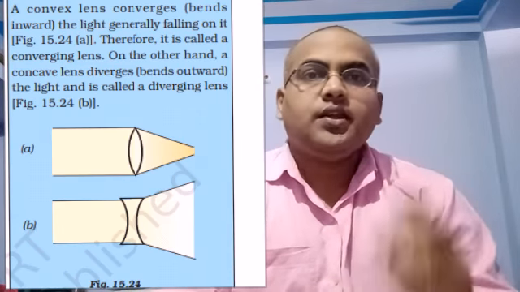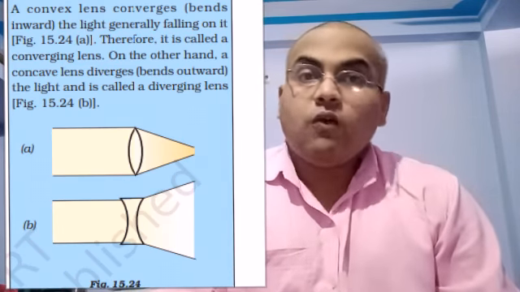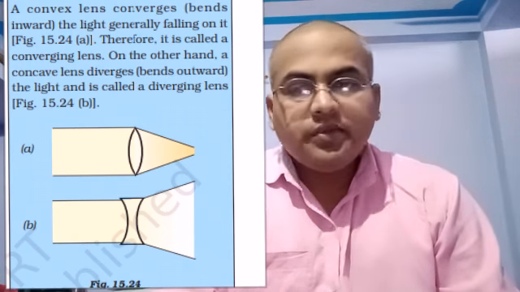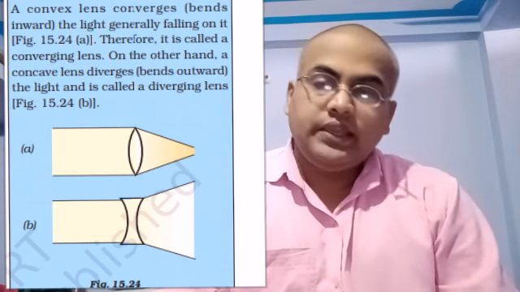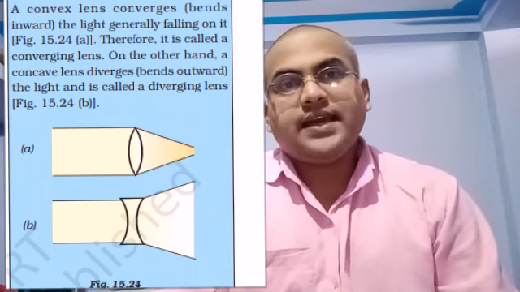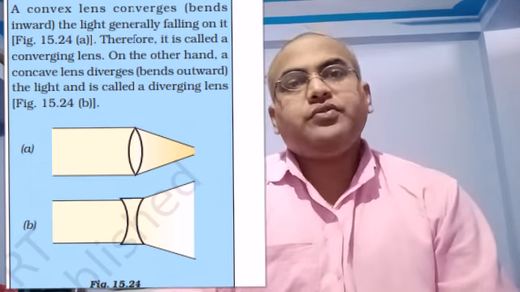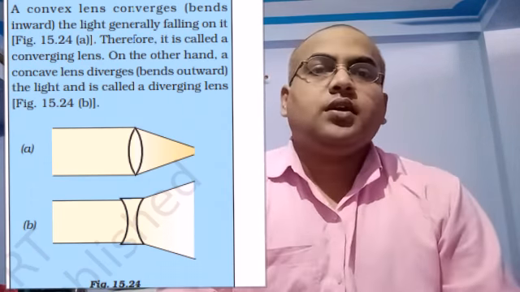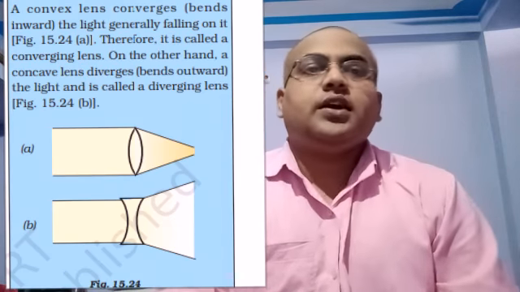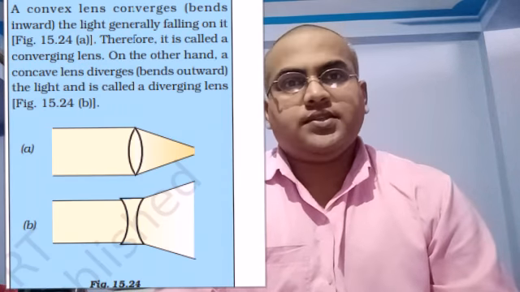Again I am repeating, the concave lens forms an image which is virtual, erect and smaller in size than the object. Now we have to understand some converging and diverging properties of the lens.